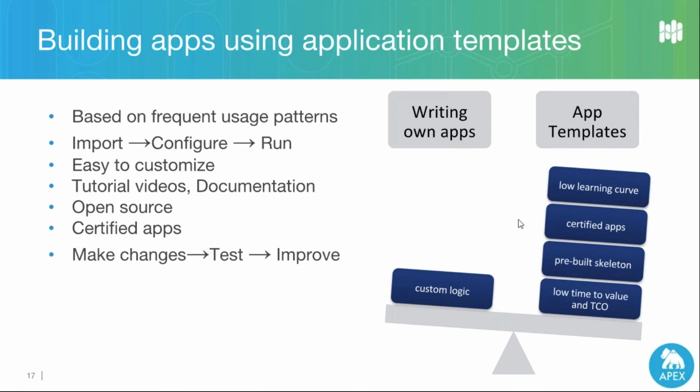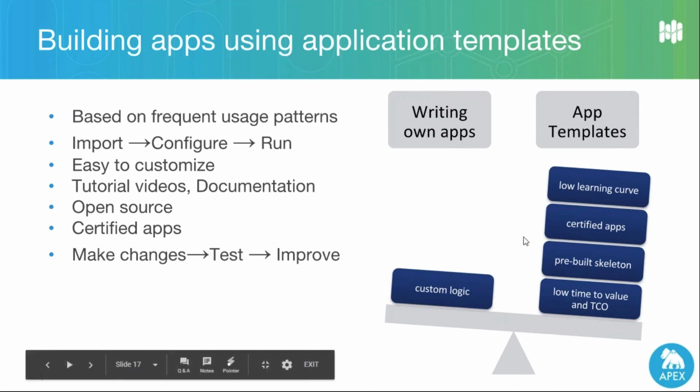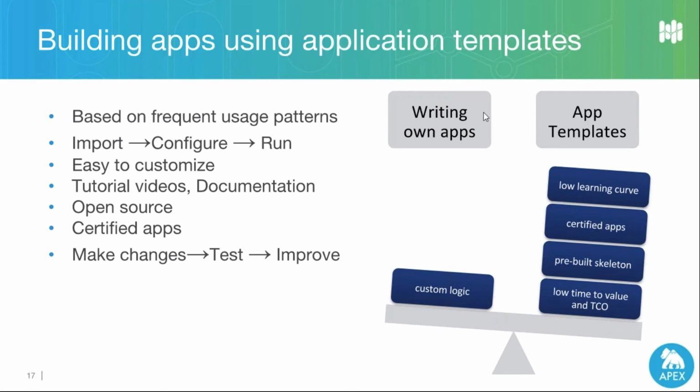Okay. The next logical step is, you decide on the right choice of the platform, and then you build applications on your own, right? On the left side, we can see writing your own applications. But, simplifying it even further, on the right side we can see the application templates, where you get a skeleton application, which is pre-staged and can be launched.